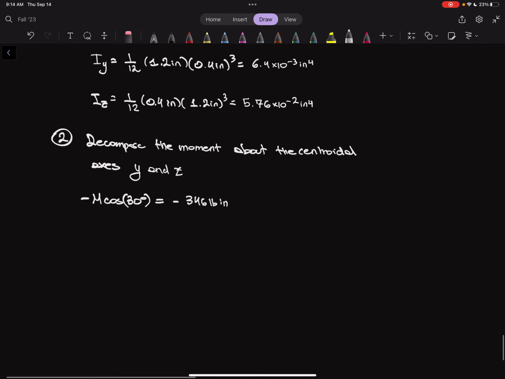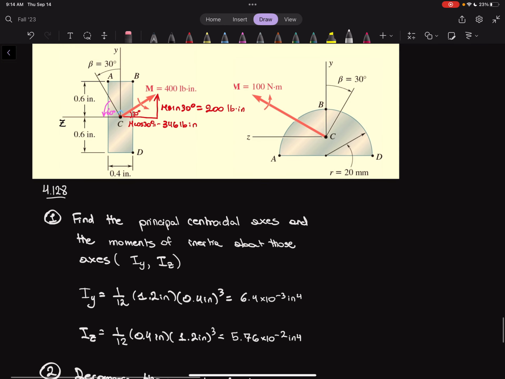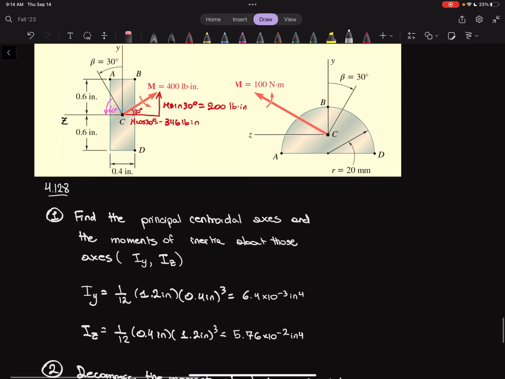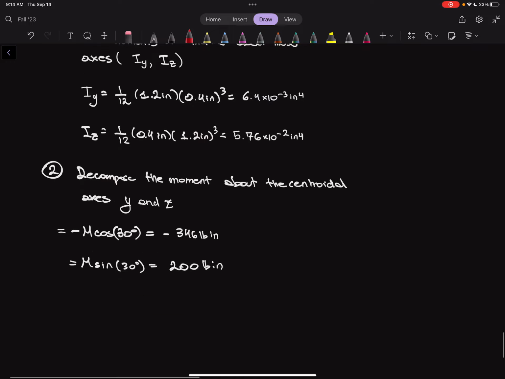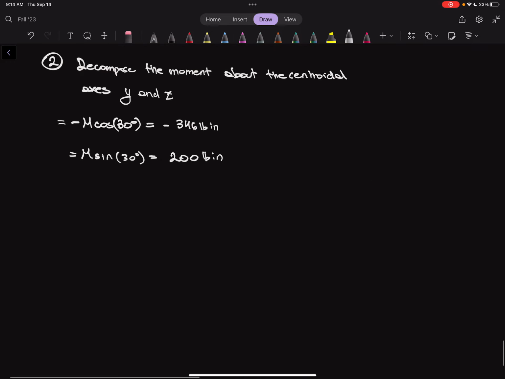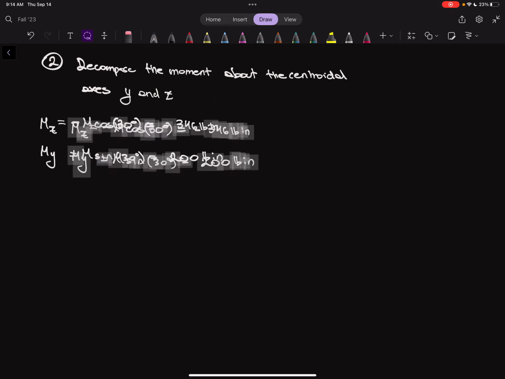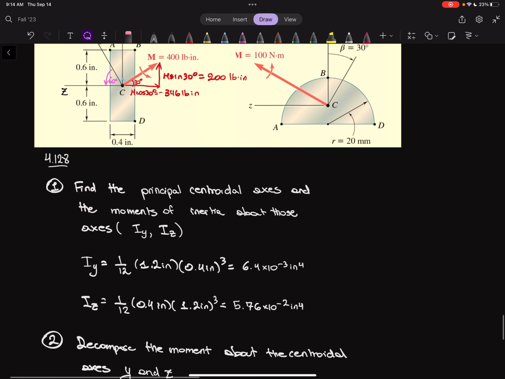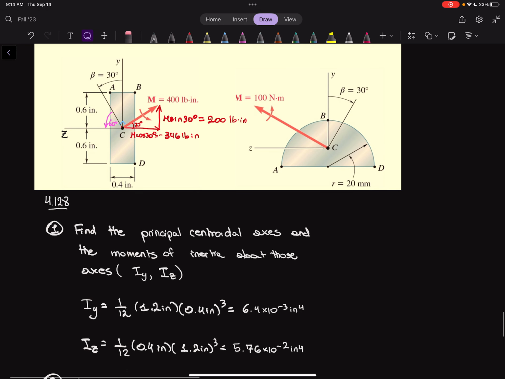And for M sine of 30 degrees, that's 200 pound-inches. This component is parallel to the z direction, so that's M_z, and this is M_y because the vector of the moment points parallel to the y direction.